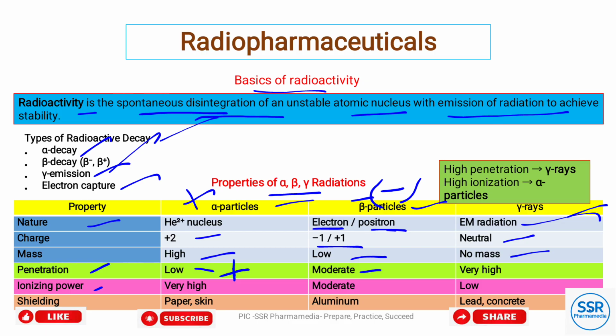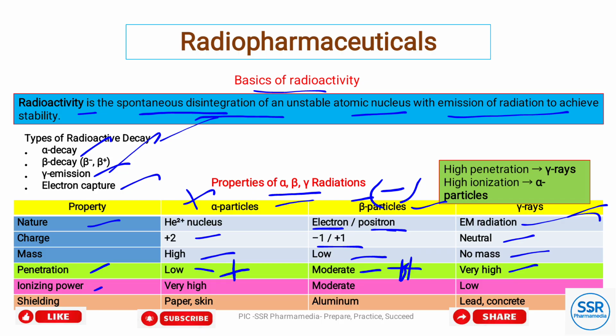Beta particles have moderate penetration, so they can penetrate some thickness of material. Gamma has a very high penetrating power, so it can penetrate even the thickness of a building.